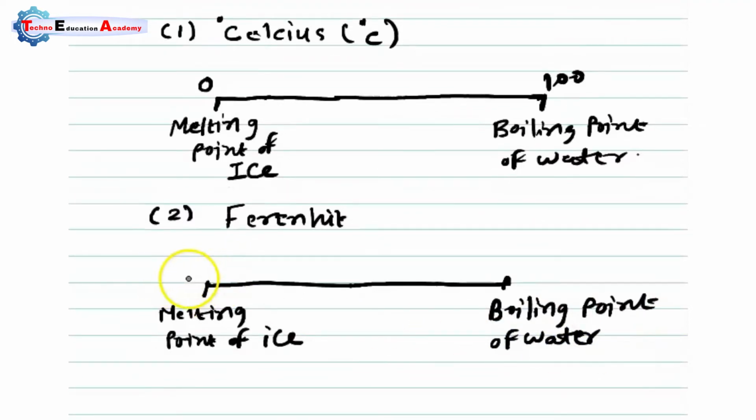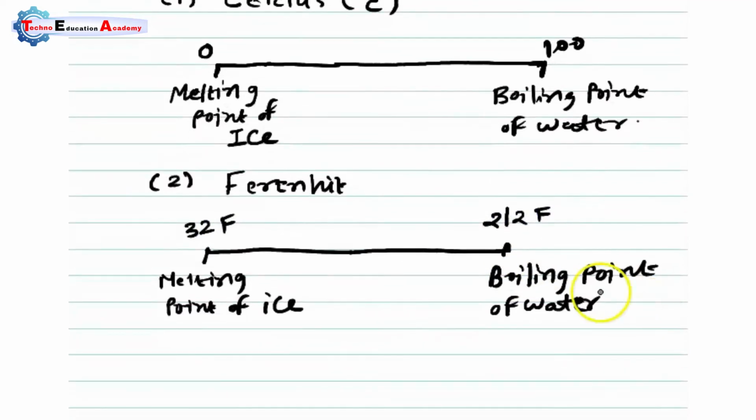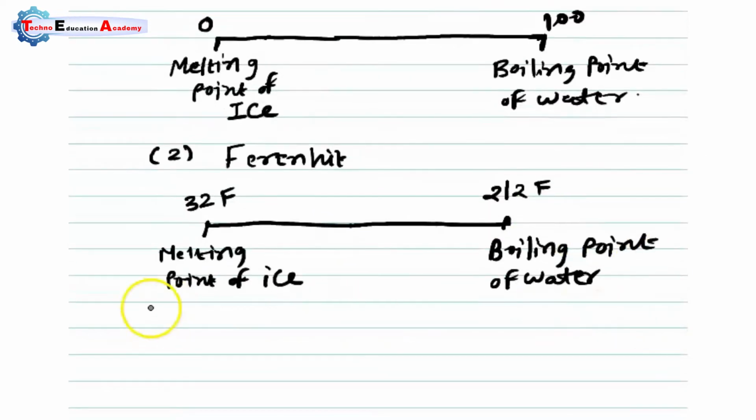In Fahrenheit, the melting point of ice is 32 Fahrenheit and the boiling point is 212 Fahrenheit, because in this case we can take a large scale. A large scale means we can measure at more places. Fahrenheit gives a larger scale compared to Celsius. Celsius has a difference of 100, whereas Fahrenheit has a difference of 180.